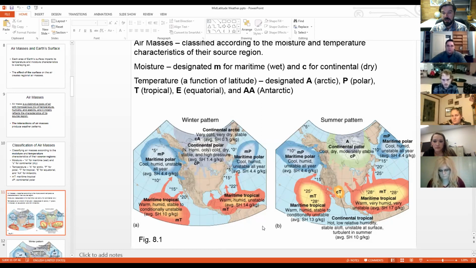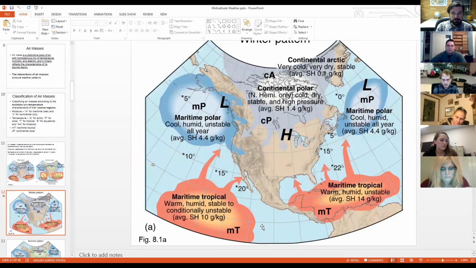And then maritime tropical, you would see the Pacific side around Baja California and Mexico, and then also the Atlantic side with the Gulf Coast of the southeastern United States, Florida, and into the Gulf of Mexico. Okay. There are some bigger views of it, with a little bit more detail, as you can see.